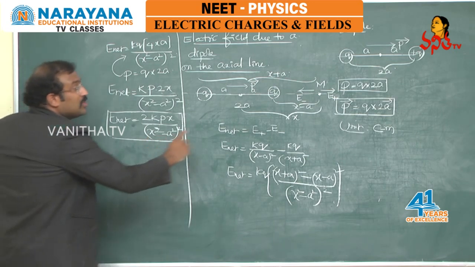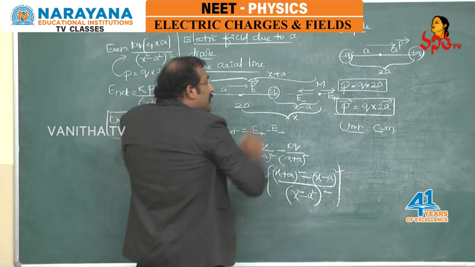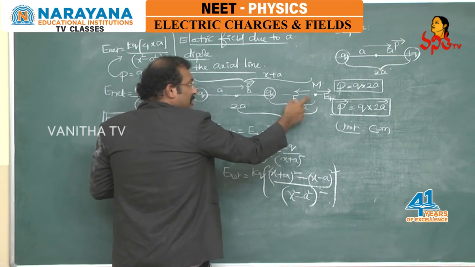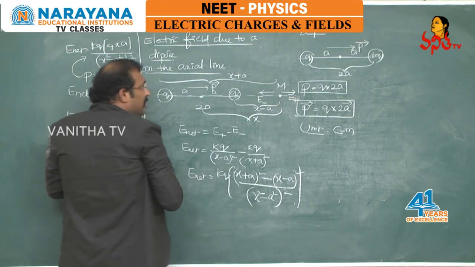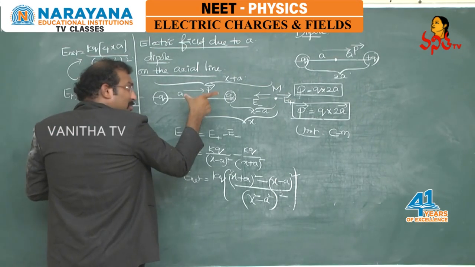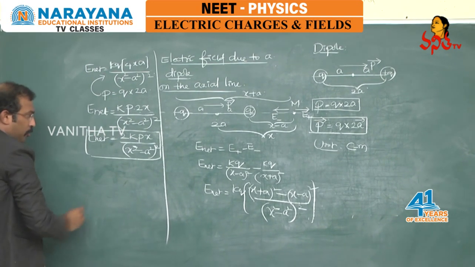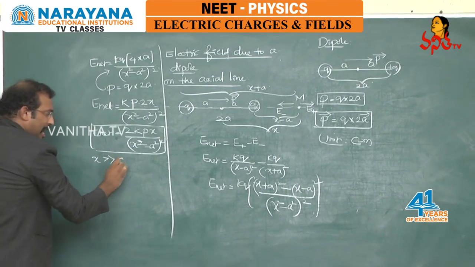Now, if the dipole is very short, that is, the distance of the point where you want to find the electric field on the axis is too large compared to the dipole length, that is a short dipole. We can discuss it as a short dipole. x is much greater than a.